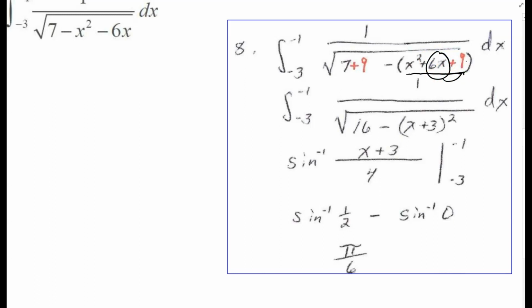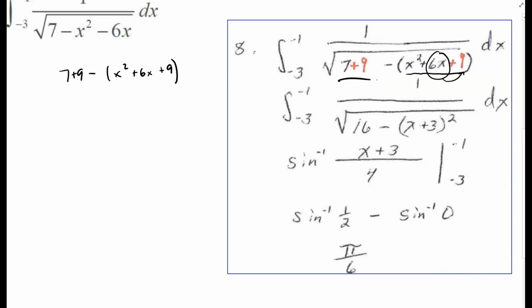So I'm going to add in 9, but if I add in 9, I also have to subtract 9. You'll see the format here, what they did is pull out the negative. So I have x squared plus 6x plus 9. Now when I add this 9 in here, really this is subtracting 9. So now I have 7 plus 9 here, and that's how they got that.